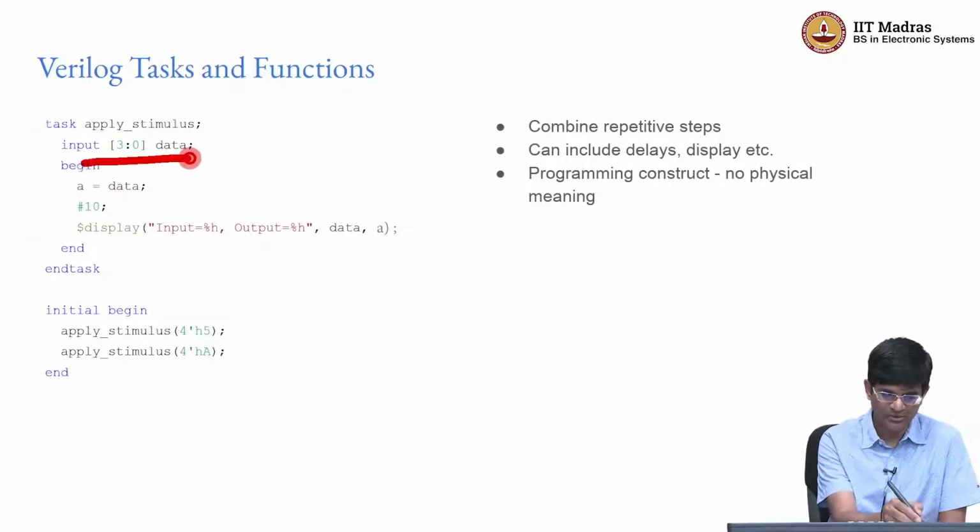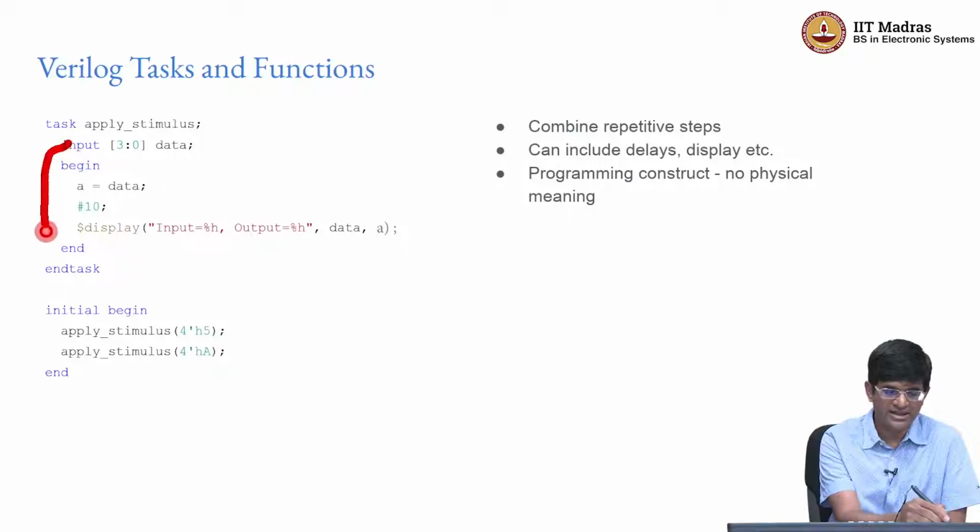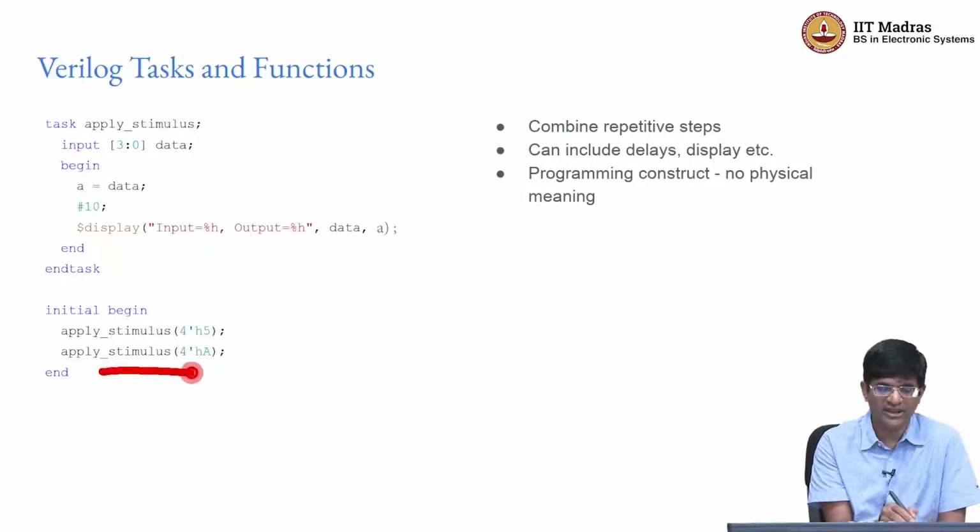It can take an input, assign the value to data and assign the value to a signal like A, wait for a certain amount of time, call a $display and so on. The interesting thing is I can then have my code looking a lot cleaner. I can say apply stimulus with the value 5, apply stimulus with the value of A, and all of this sequence of steps gets very neatly done by expanding it out almost like a macro statement. It allows us to combine repetitive steps and define an easy way of doing it.